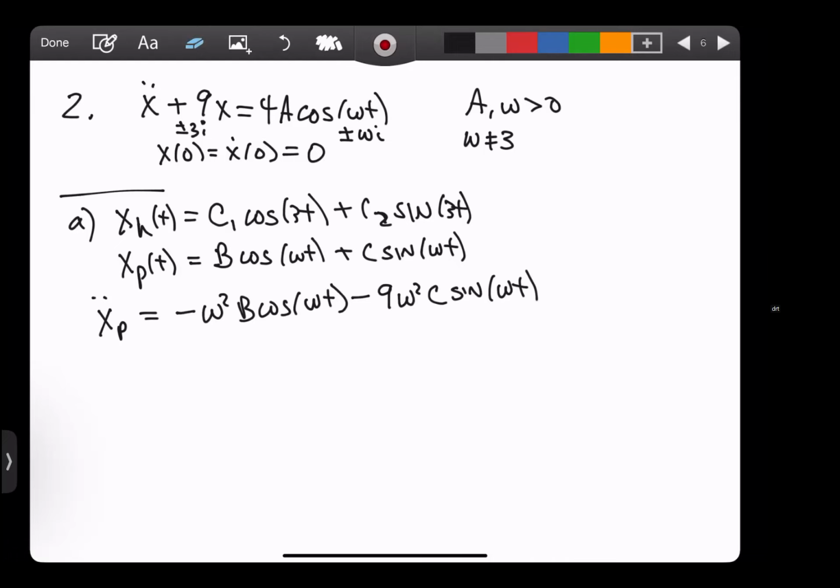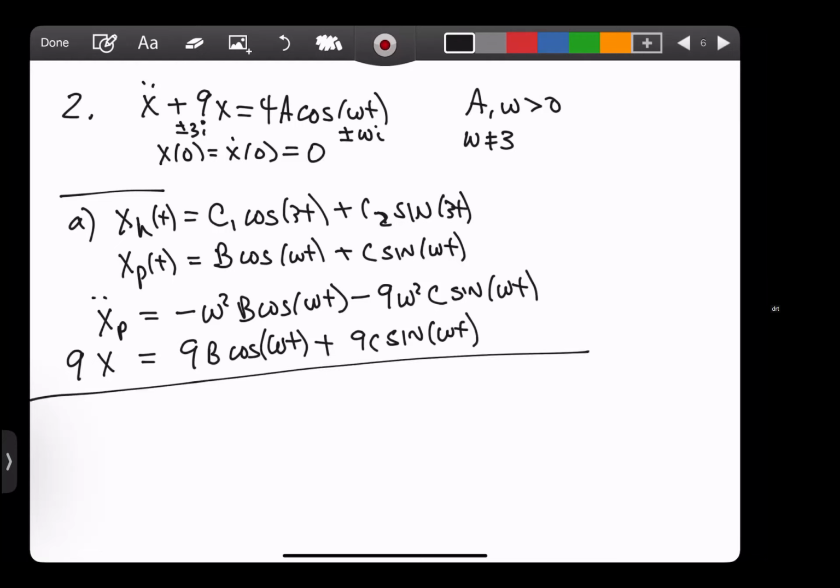And then we're going to take that plus 9 times the original x guess, which is going to be 9b cos omega t plus 9c sine omega t.